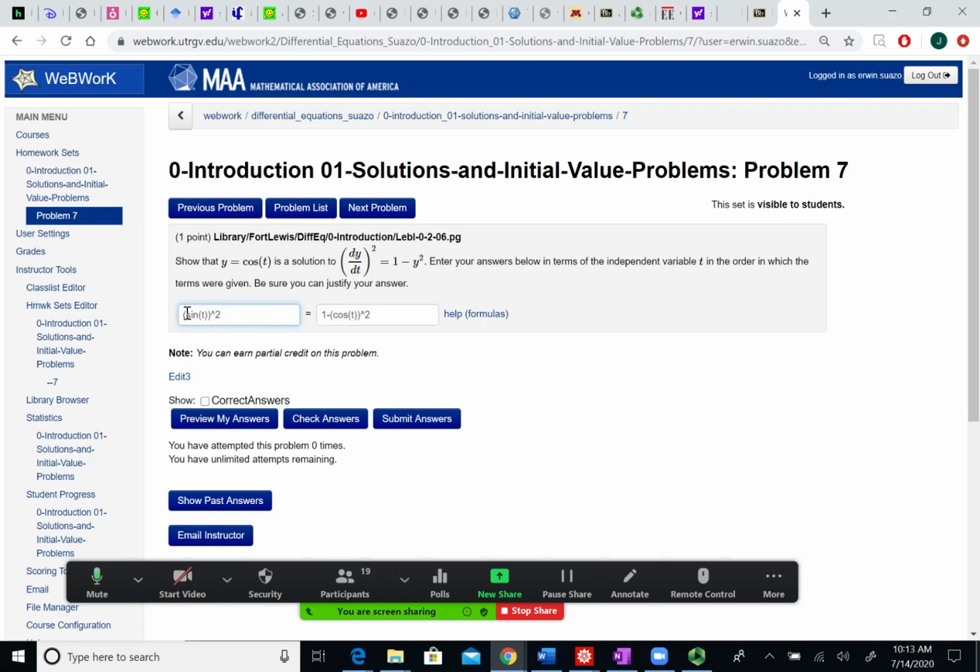Negative becomes positive, right? So it will just become a positive sine. Have you seen this formula before in trigonometry? So this formula is right, therefore this is a solution for this. So you are using trigonometry to verify that this is a solution of this.